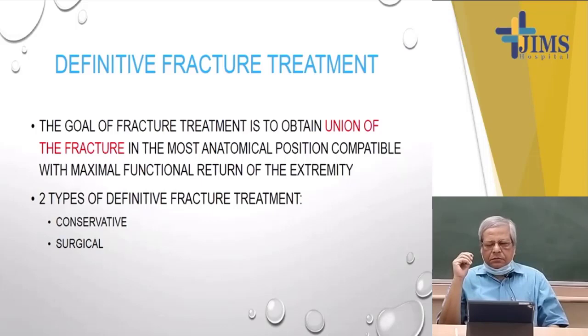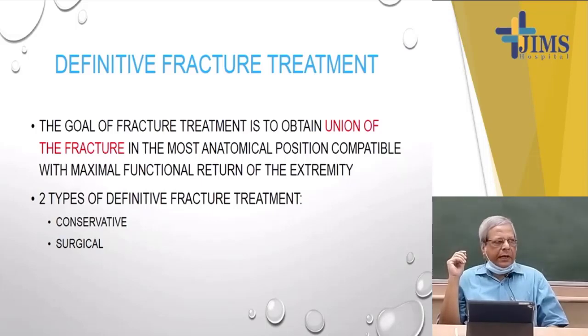Once the patient is stabilized, then we plan for definitive fracture treatment. What are our goals? One is union of the fracture in the most anatomical position compatible with maximal functional return of the extremity.